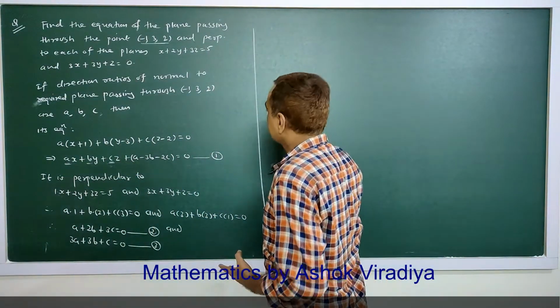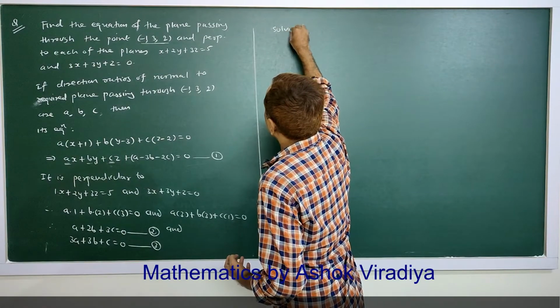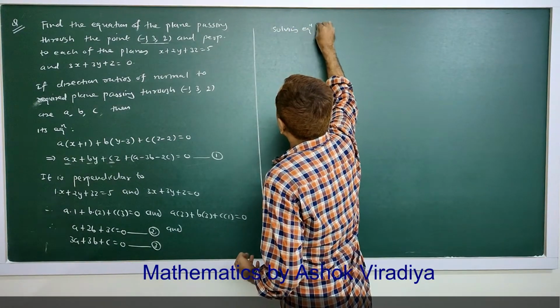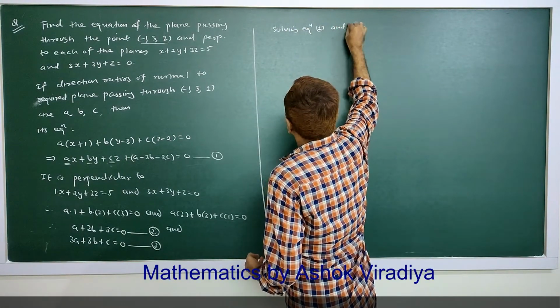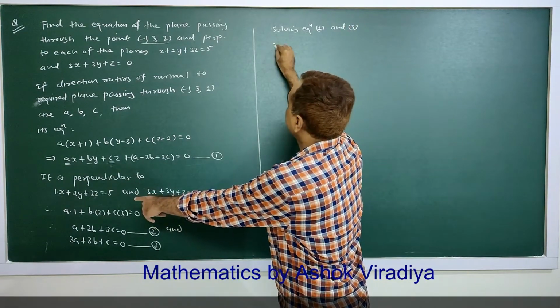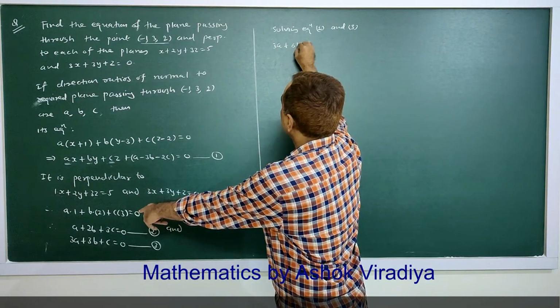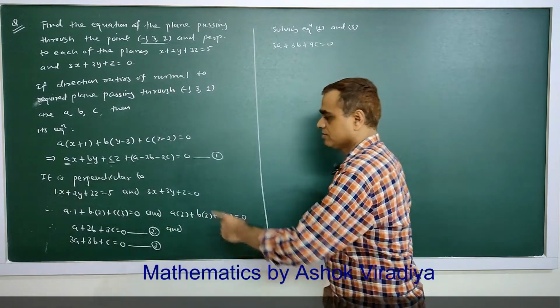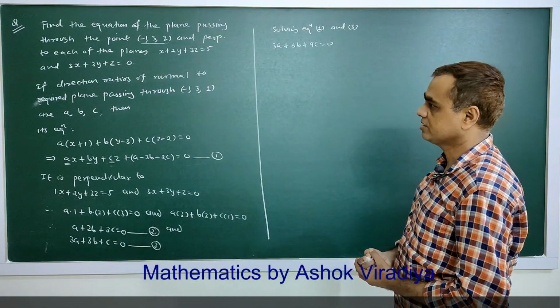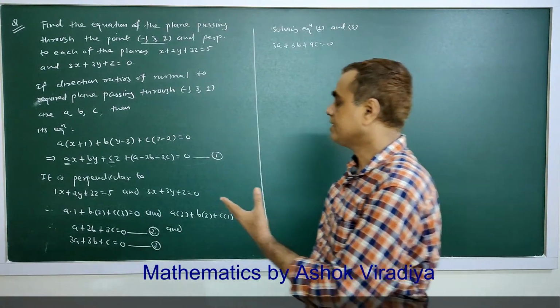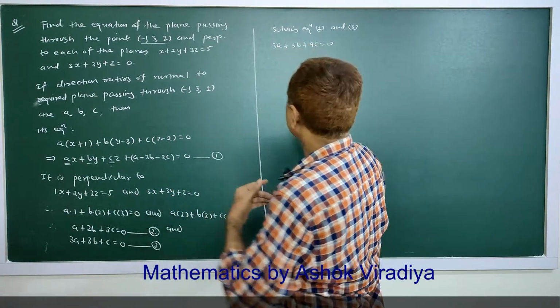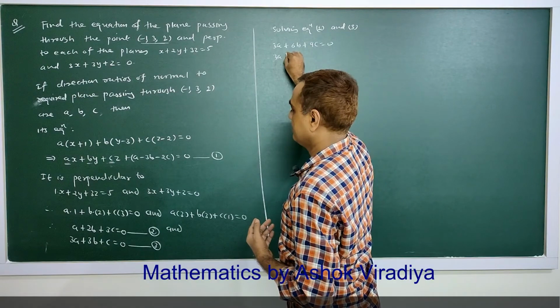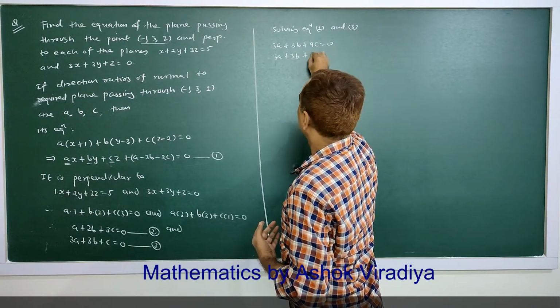In equation 2, I am multiplying by 3, so 3a plus 6b plus 9c is 0. The first equation is multiplied by 3. Then the second equation I keep as it is, 3a plus 3b plus c is 0.